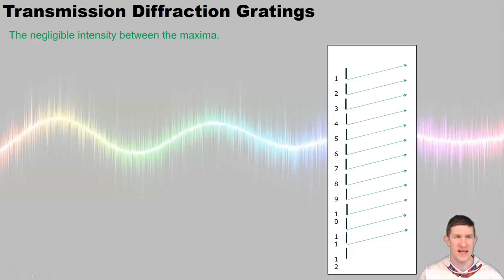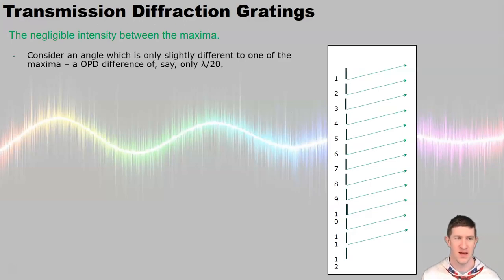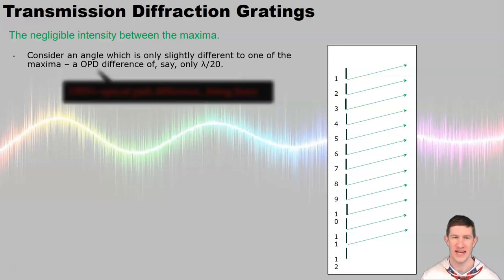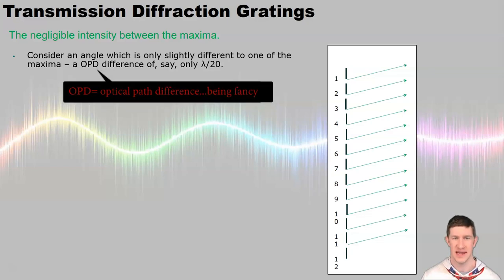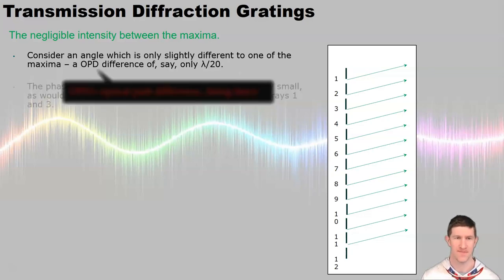So what about that negligible intensity between the adjacent maxima? If we were to consider an angle which is only slightly different to one of the maxima, so the OPD difference of, say, lambda on 20.